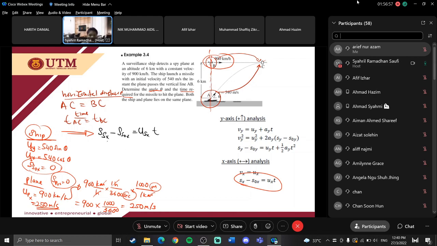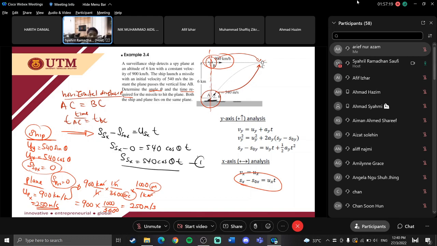So Sx is unknown, minus 0, equals 540 cos theta times t. So this is the equation of the ship, the missile of the ship.